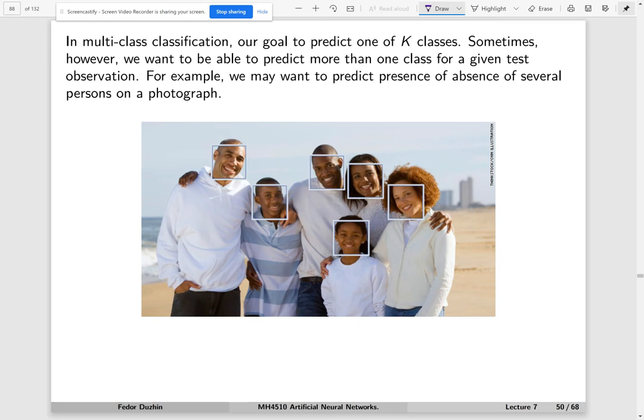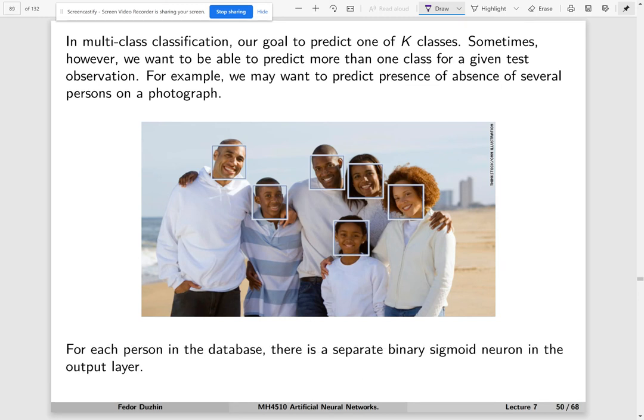If we have Alice, Bob, whoever, then for a given photograph we will output the probability that Alice is there, the probability that Bob is there, the probability that Caitlin is there, and so on. We're going to have a lot of probabilities, but they may not add up to 1 because Alice and Bob can be on the same photograph.